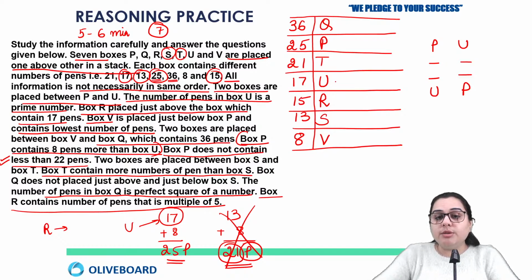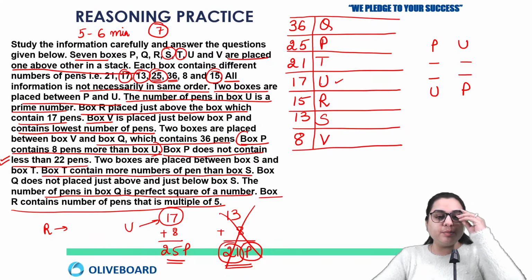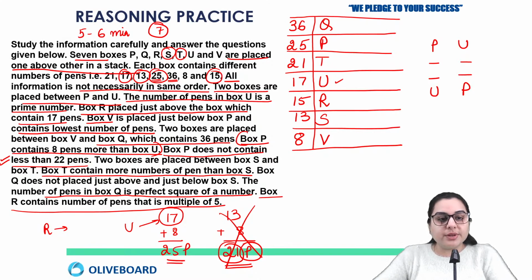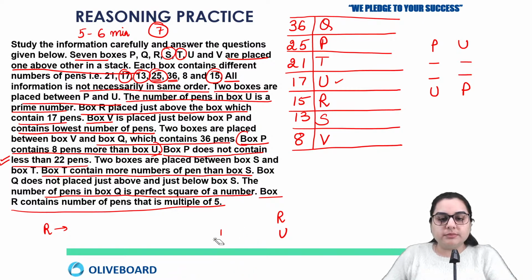Now I know the box that contains 17 pens is U. So indirectly he is telling you that R is above U. He simply wants to tell you this.